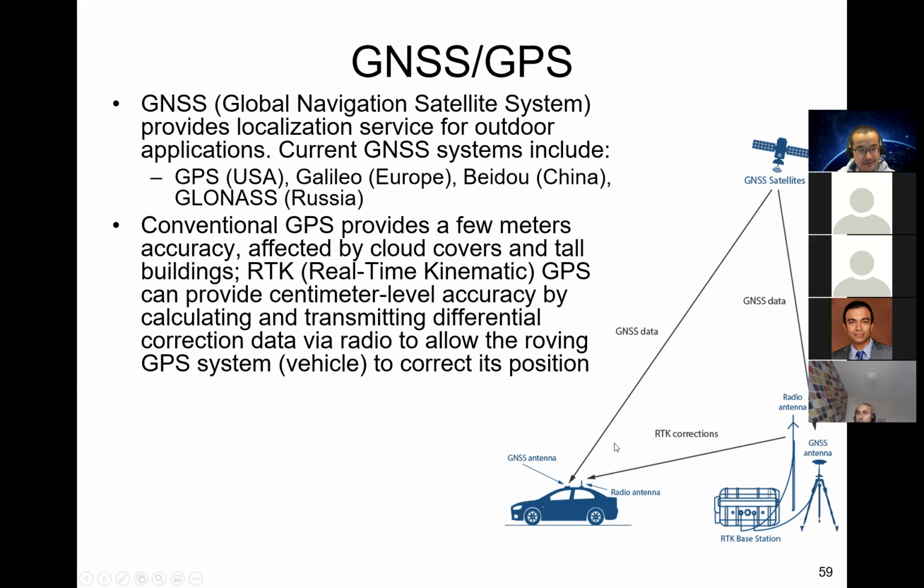Whereas for RTK GPS, it needs assistance from a ground base station on the right. So therefore, from the base station, which also receives GNSS data from the satellites, the device gets RTK corrections, which can correct the direct GNSS data received by the device and get a very high accuracy.